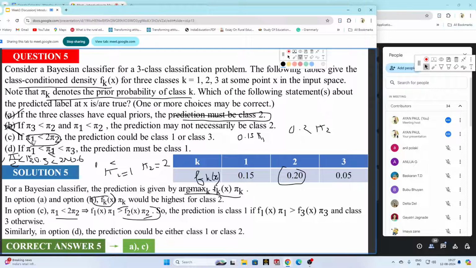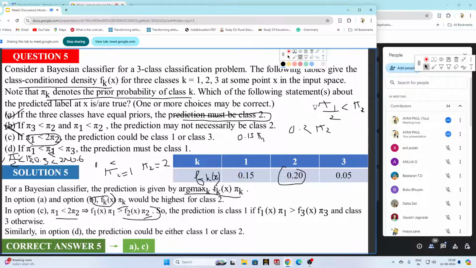Okay, so if this is the case, pi 1 by 2 is lesser than pi 2.